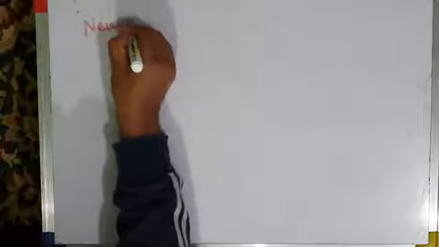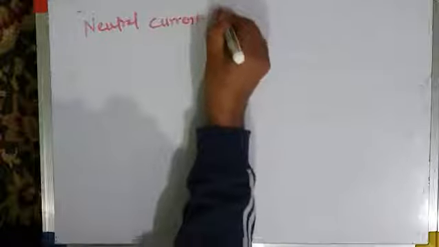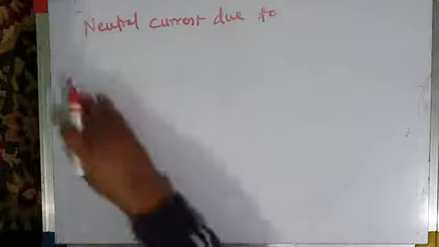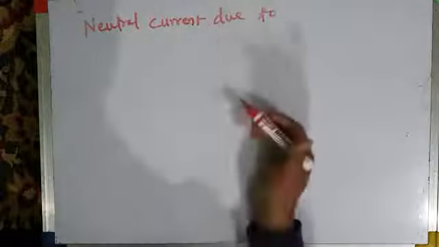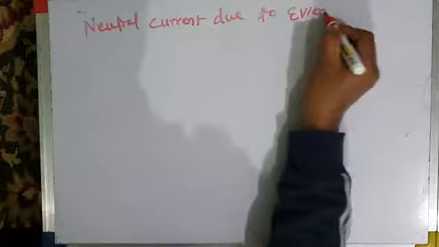Now after this we will take neutral current due to even harmonics. Now the fundamental component we have seen does not contribute to neutral current. What about harmonics? There may be even harmonics as well as odd harmonics. First of all, we will take even harmonics.